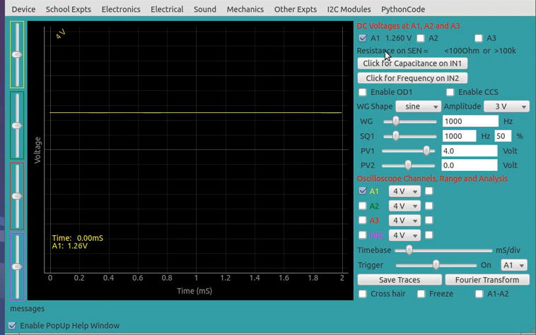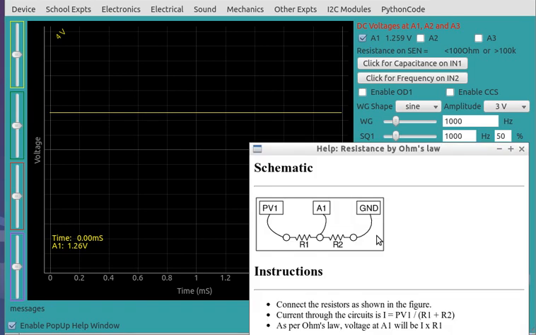So from this we can find out the current. A1 is 1.26 volts and the resistance is 1K. That means the current is 1.26 milliampere, and the same current flows through R1.